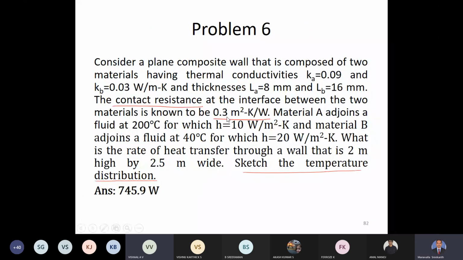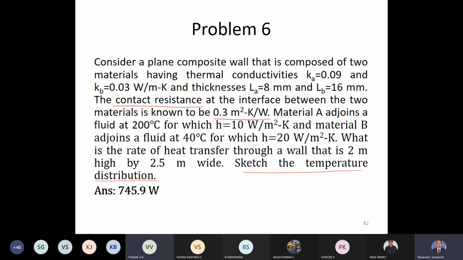We are given 0.3 meter square Kelvin per watt. So let us first sketch the diagram and then try to evaluate. So basically there are two materials, A and B, and this is a plane composite wall.